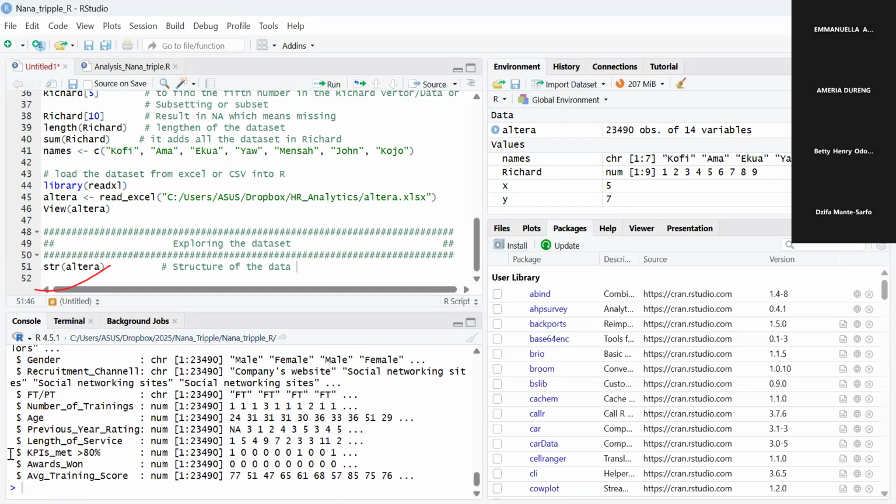Length of service is there. KPI met, that is over 80% rating. If it's 1, it means you have met it. If it's 0, you have not met it. Awards: if it's 0, you have not won any award. And then average training score. If you attended training, what did you score?